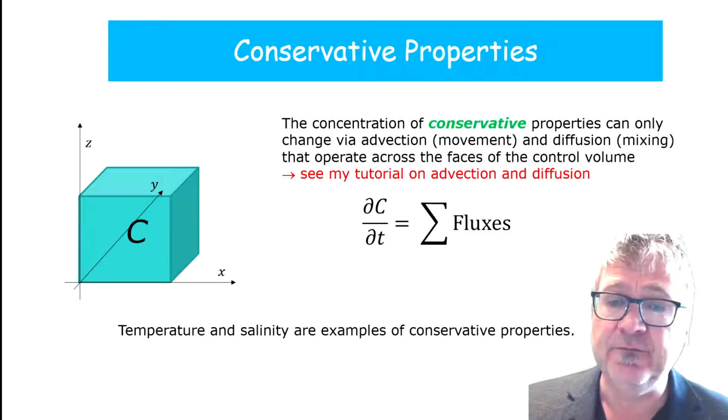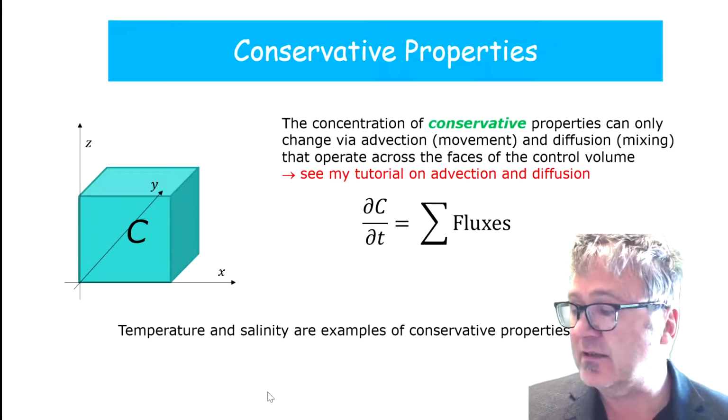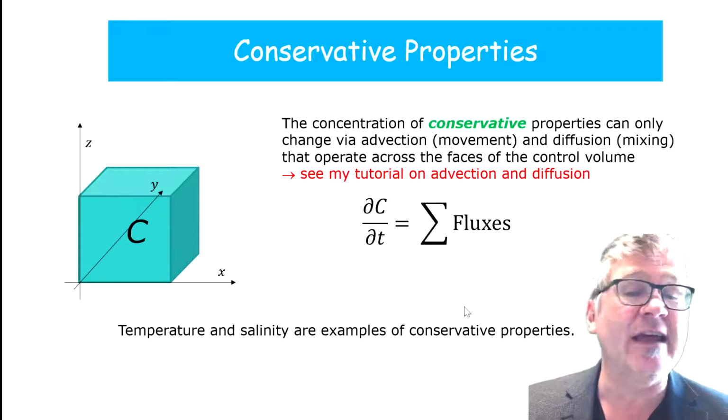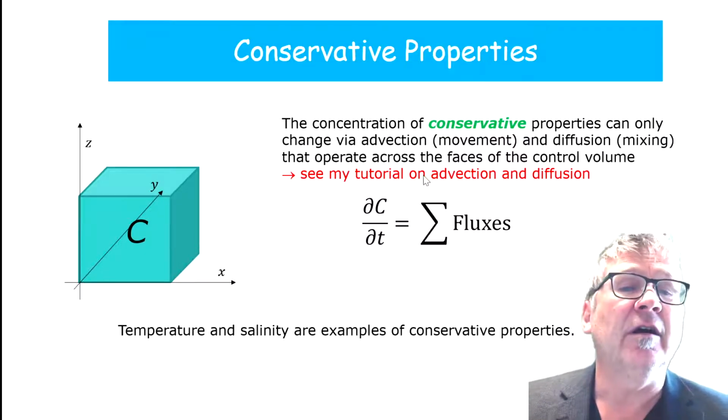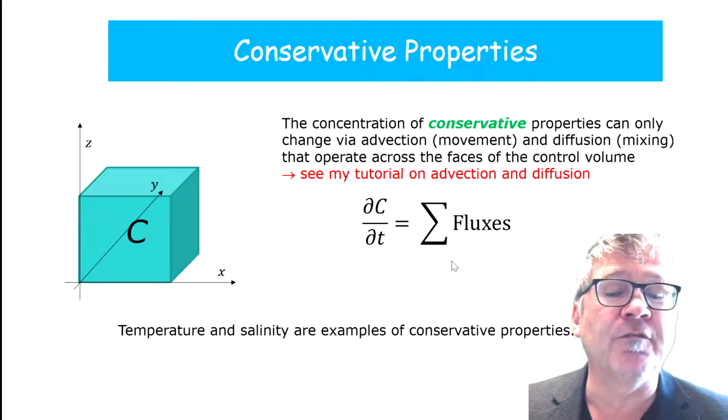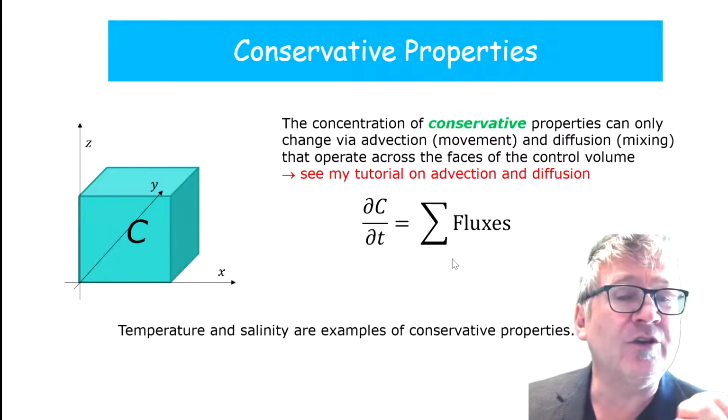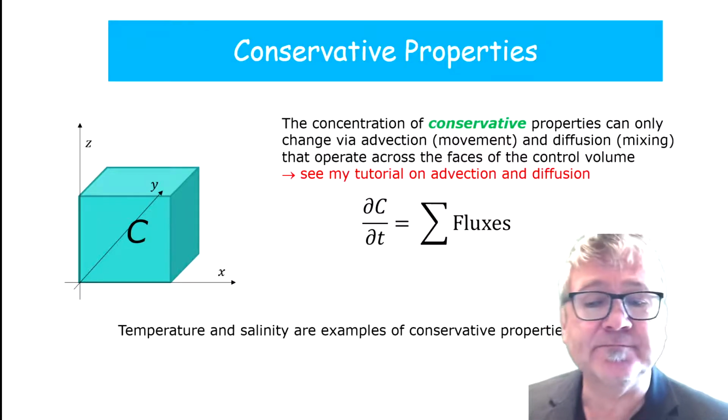So the equation for conservative properties is written here: the change of the concentration C is just given by the sum of the fluxes through the faces. So there is no internal source or sink.